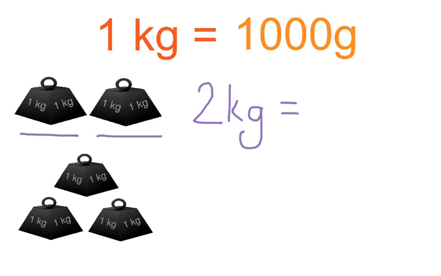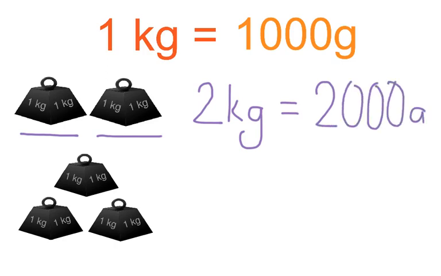If 1 kg is 1,000 grams, I'm going to use my number knowledge to say, I know that 1 plus 1 is 2. 100 plus 100 is 200. 1,000 plus 1,000 is 2,000. So 2 kilograms would equal 2,000 grams.